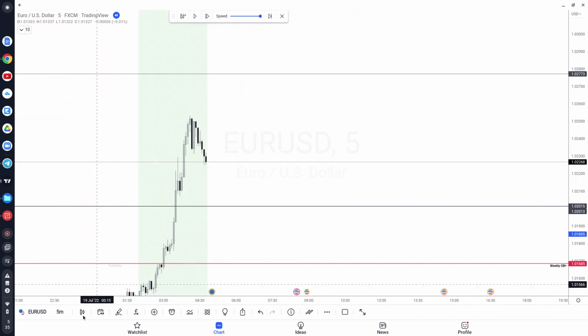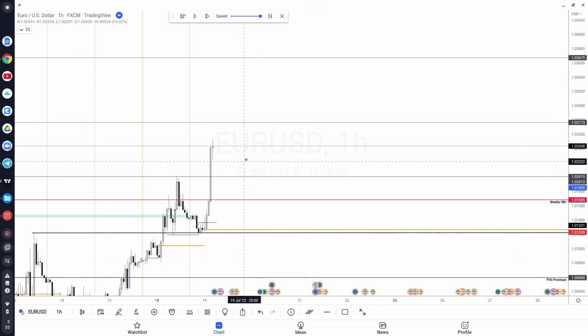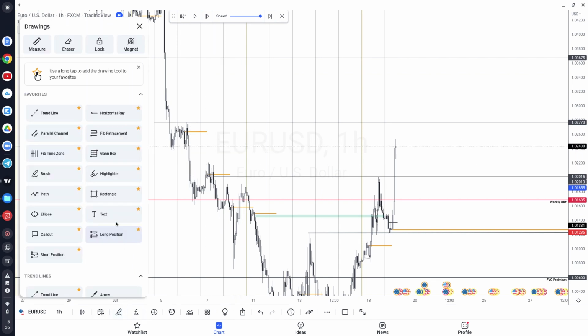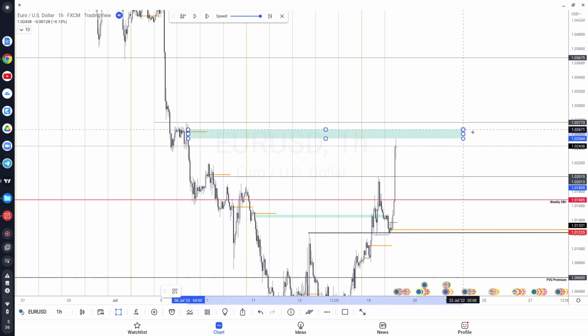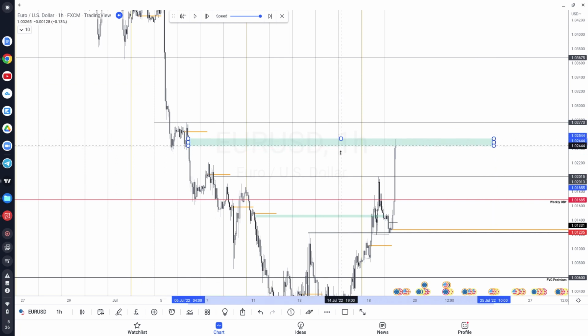So if we look left, let's see if there's anything to the left of price right now, right? The only thing that I see is this fair value gap right here. Right, so there's a fair value gap.